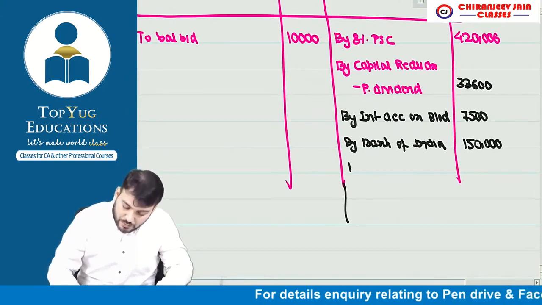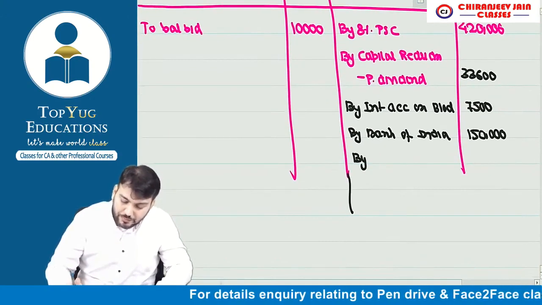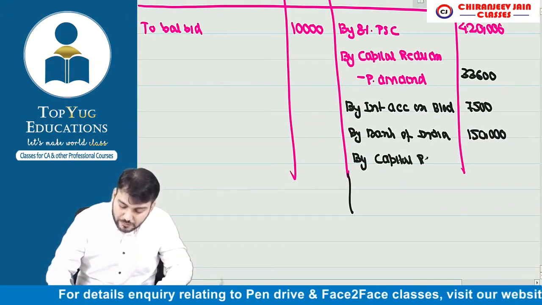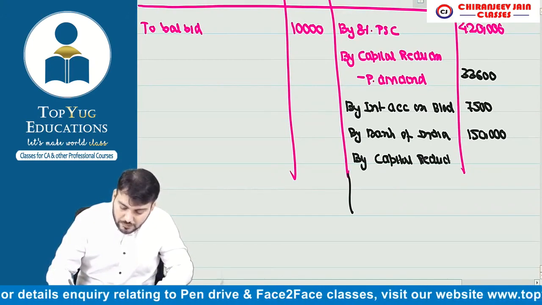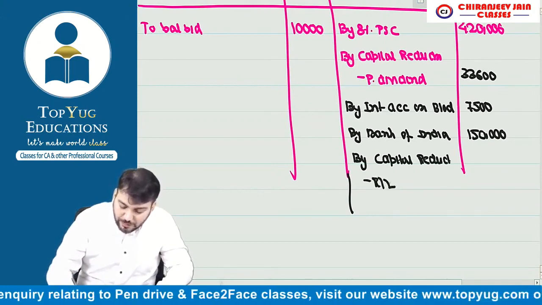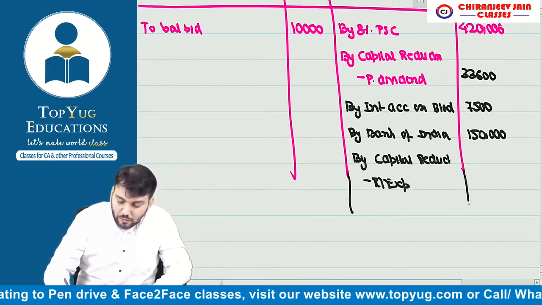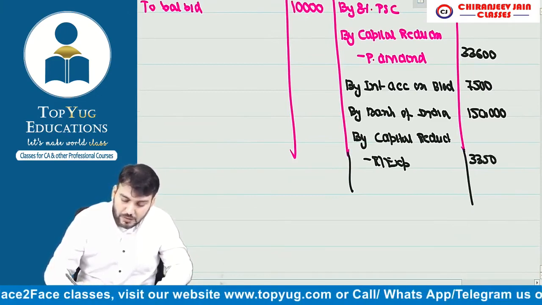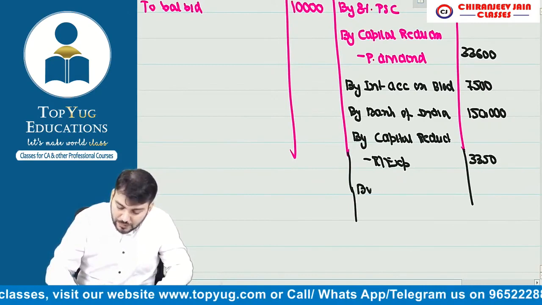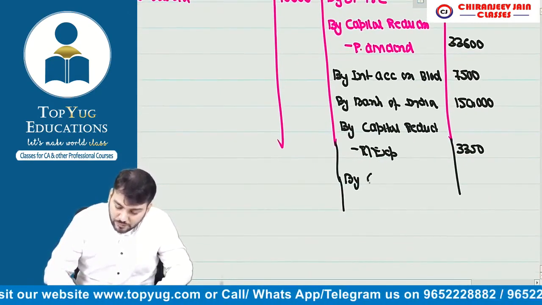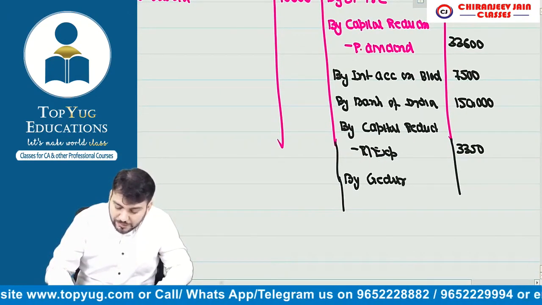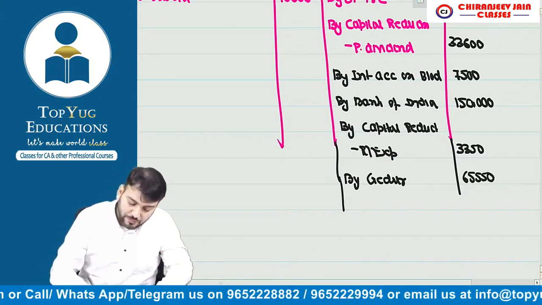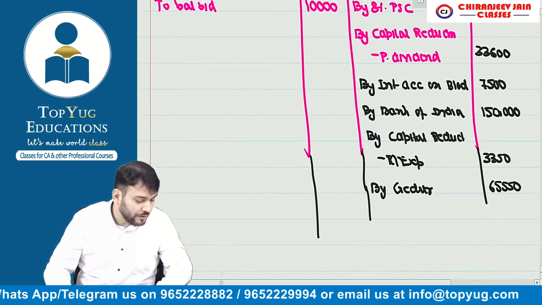Then by capital reduction, reconstruction expense has been paid. तो वो कितना पे किया? 3,350. And you also paid to creditor. Creditor how much paid? That is 65,550. Understood this point? Correct.